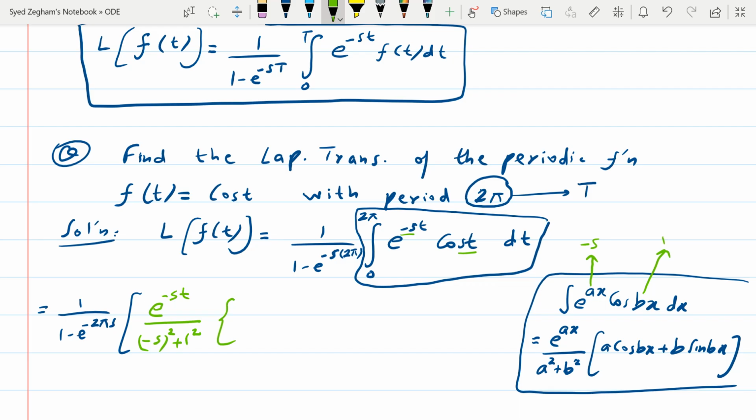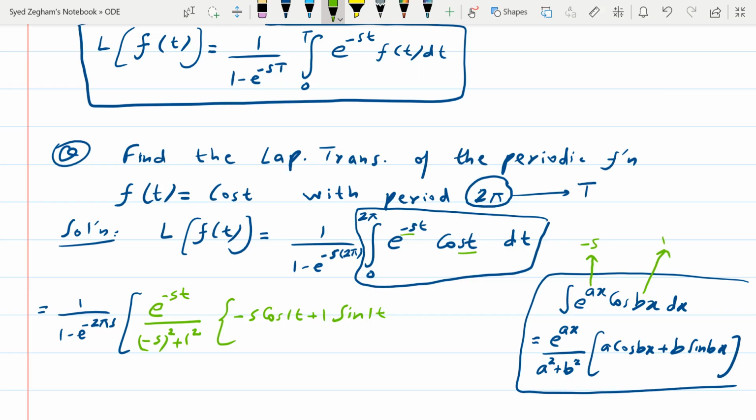A cosine bx is minus s cosine bx. In place of x, we have t and b is equal to 1, right? Plus b, that is again 1, sine b, that is again 1, x.